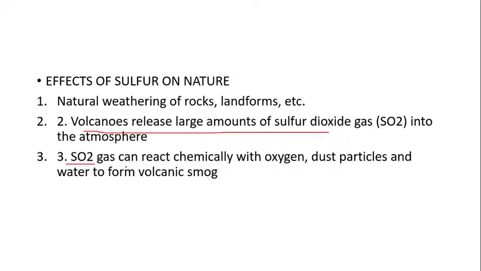Sulfur dioxide will combine with water to form sulfuric acid. I said this in the previous class also. It reaches back to the earth through rain as acid rain. The sulfur dioxide can also react with oxygen, dust particles, etc.